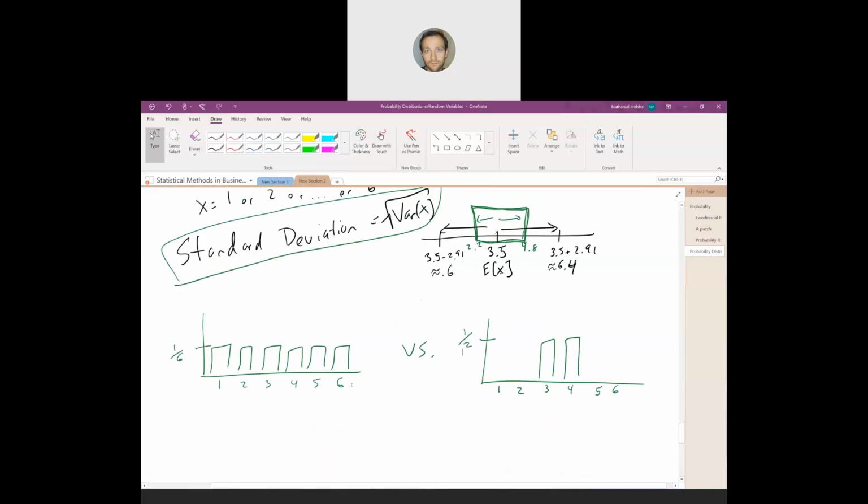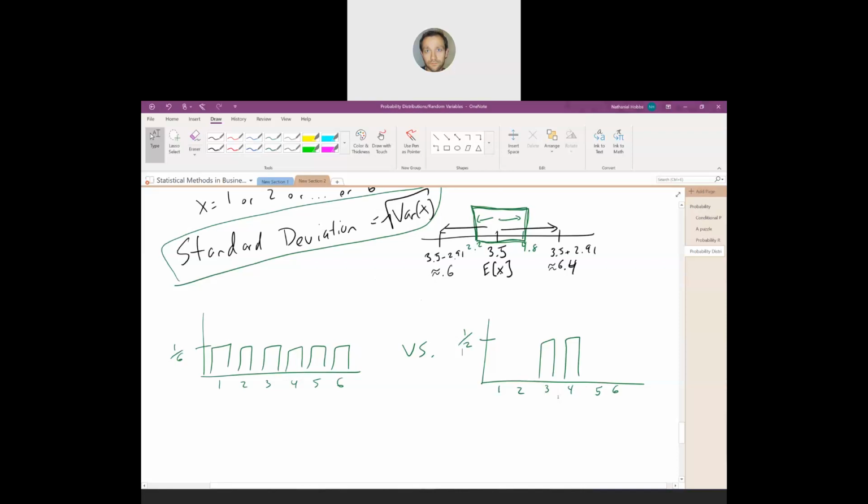Here, each of the 6 faces are equally likely. Here, only 2 faces, let's say, give a payout.